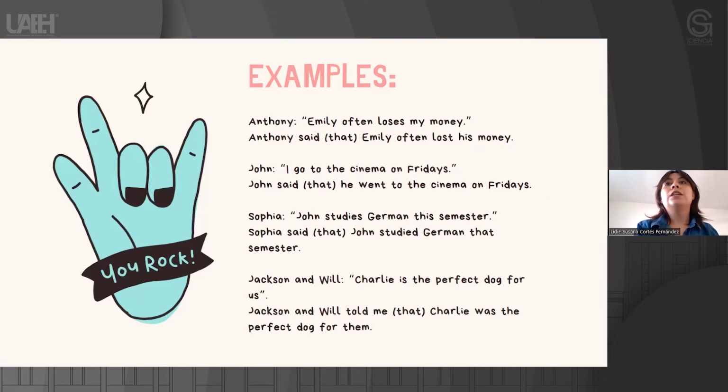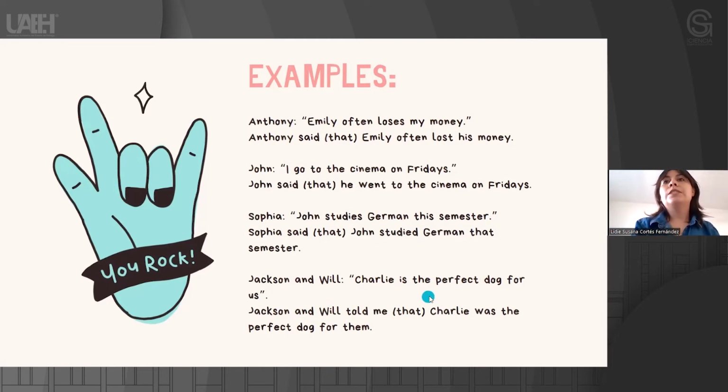Sophia said John studied German that semester. And here we have some other changes. As you can see in this sentence, we have "this", and we have to change it to "that", because we are not seeing this object, in this case, this semester. We have to say "that semester".